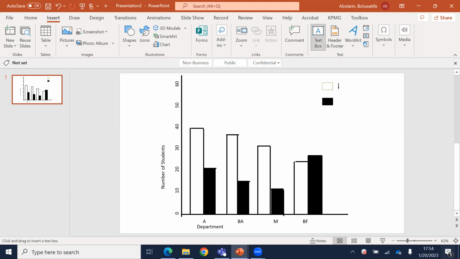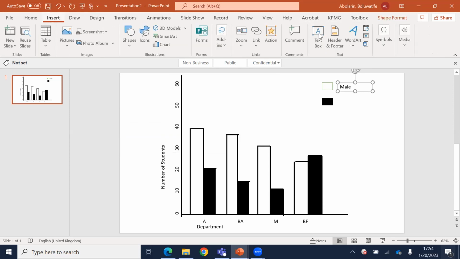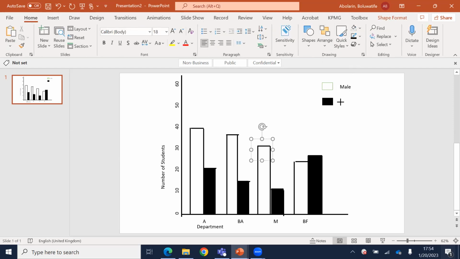So when you want to write now, you indicate that this one that we have here is male. And this one we have here is what? Female.